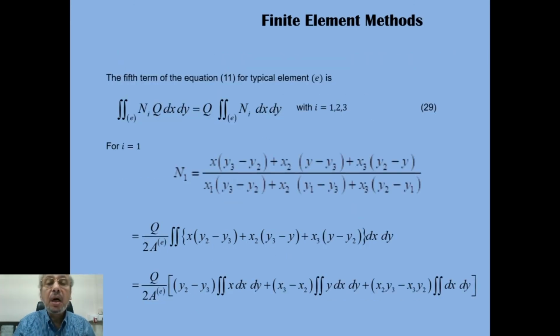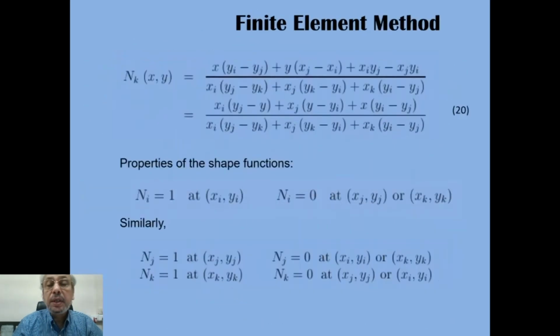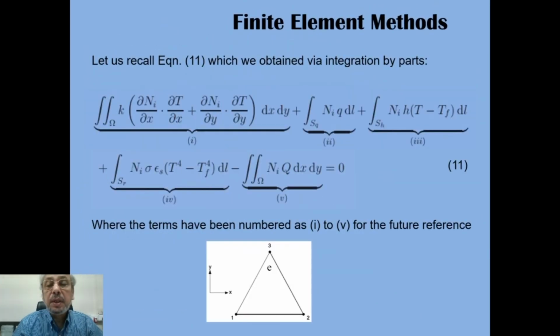Now we'll go for the fifth term. If you are not confused, from here we'll go back to the equation of interest, that means equation 11. So please settle down here, but we'll refer to equation 11 without any ambiguity.